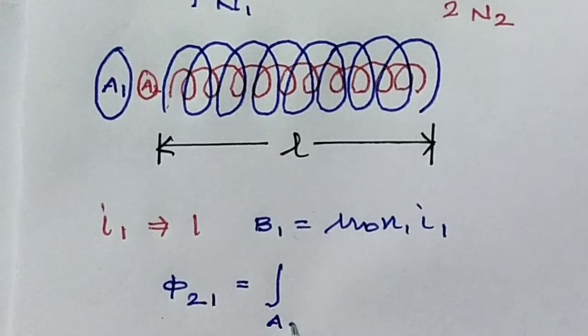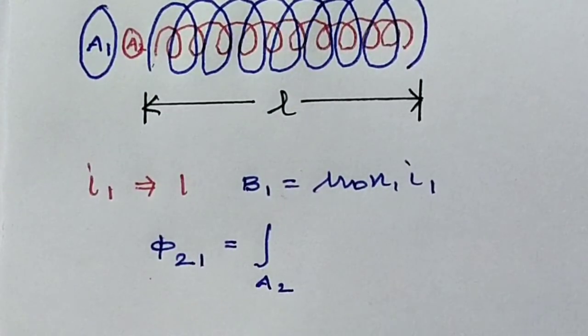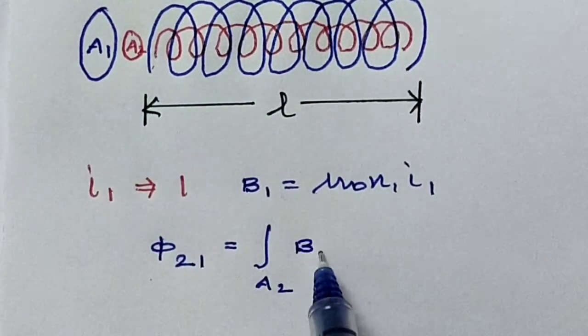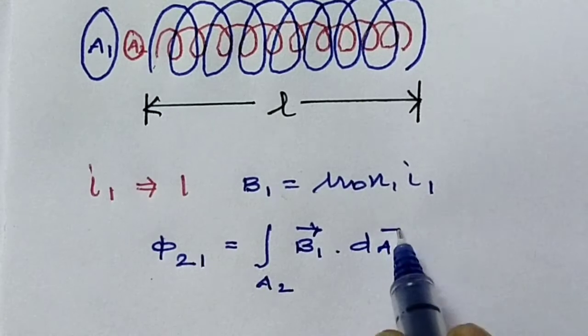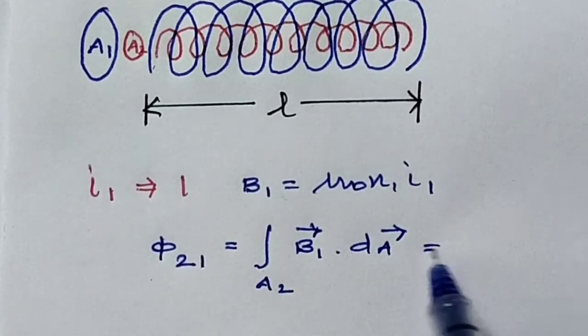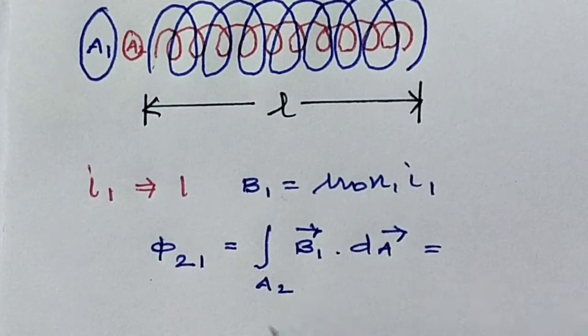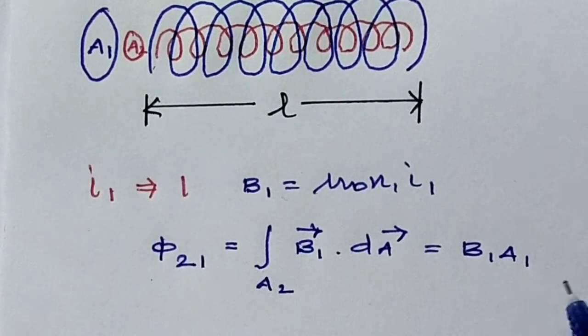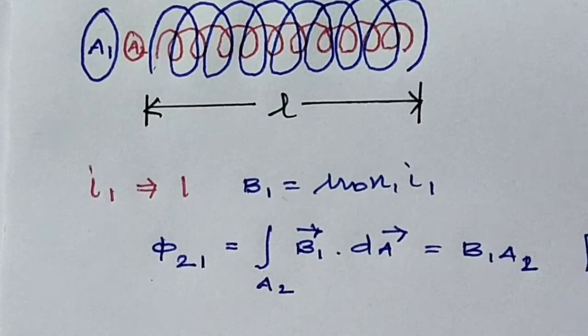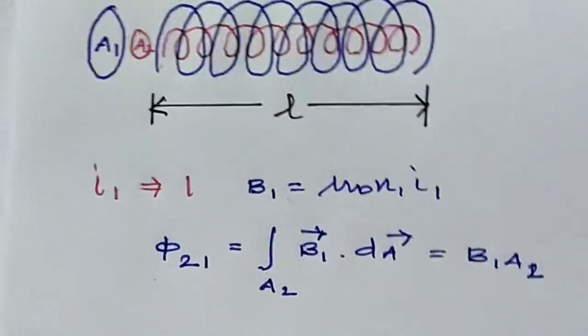the integral over A2, because the magnetic flux changes in the second solenoid. We already know the magnetic flux equation, the integral of B1 dA. The integral of dA is A, so on substituting the limits we get B1 A2. Here theta is 0 degrees, and cos 0 is 1.